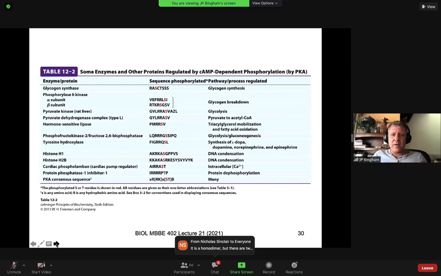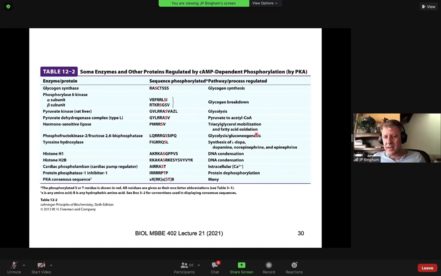Now, as I said before, the cyclic AMP process is pretty promiscuous in regards to the types of things it can do. But what I want you to really take home here are these first parts in regards to glycogen synthesis, glucose breakdown, glycogen, so glucose, through glycolysis.